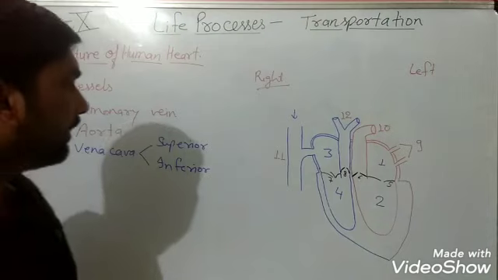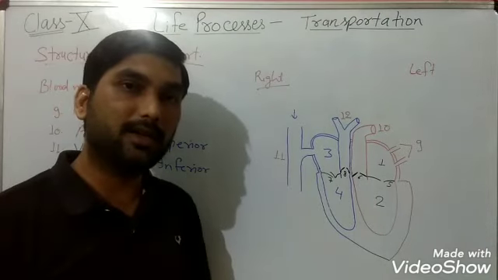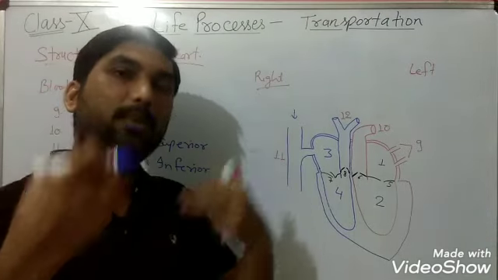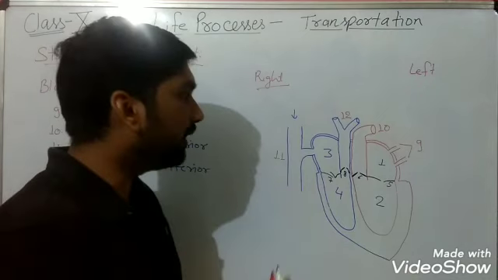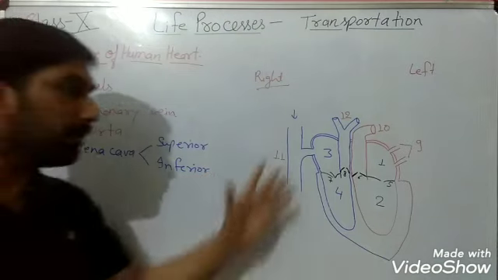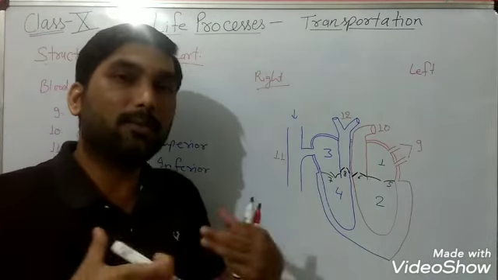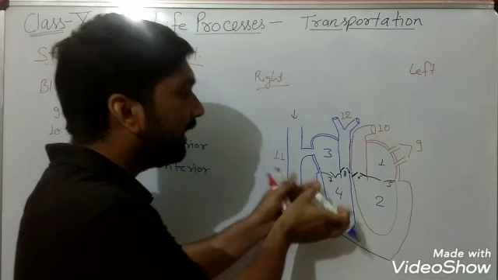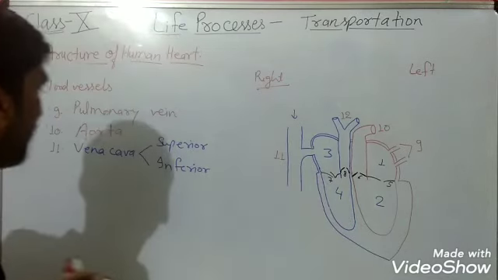So the function of the superior vena cava is to take blood from the upper part of the body and send it to the right atrium, and the function of the inferior vena cava is to take blood from the lower part of the body and provide it to the right atrium.